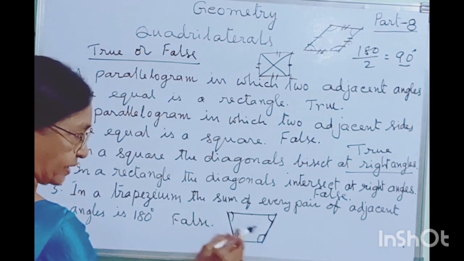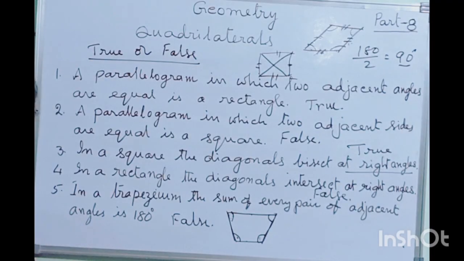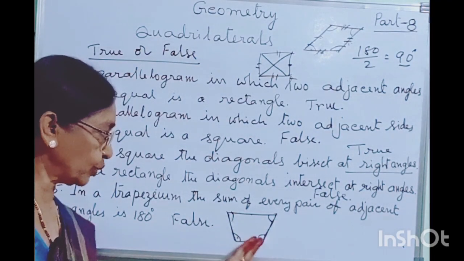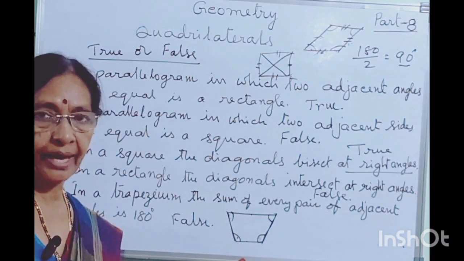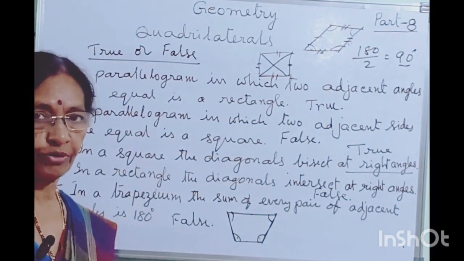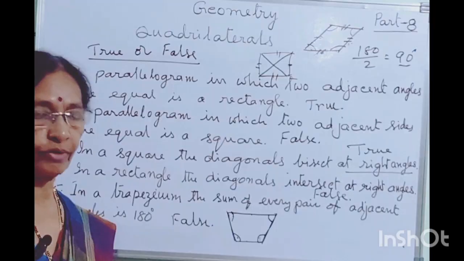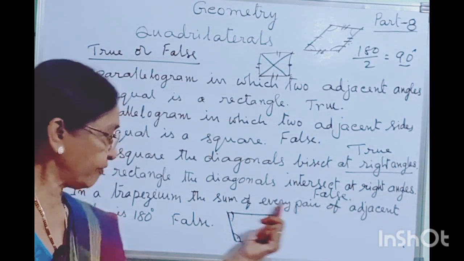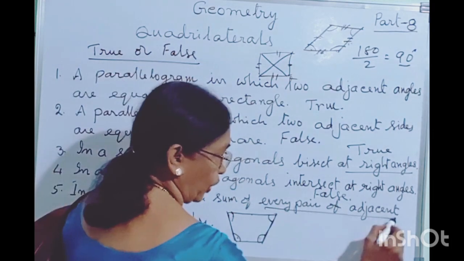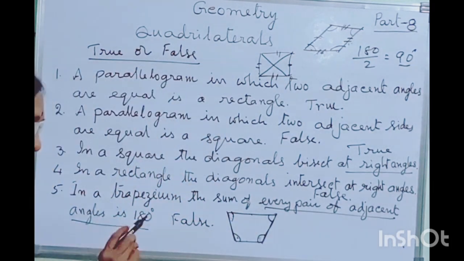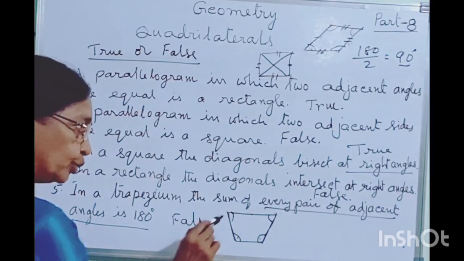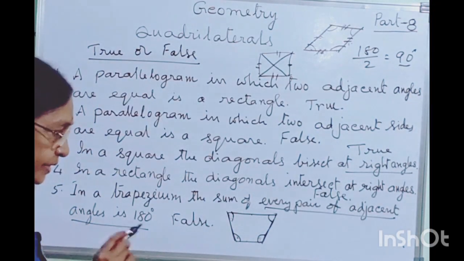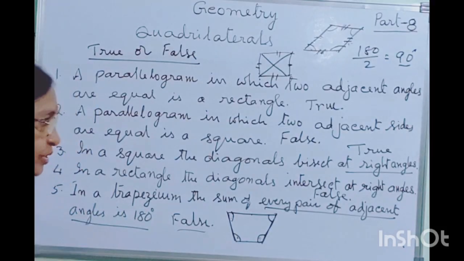The other two pairs of adjacent angles are not equal to 180 degrees. Their sum is not equal to 180 degrees. Therefore, the sum of every pair of adjacent angles, it is wrong. Only two pairs of adjacent angles is 180 degrees. So this is a false statement.